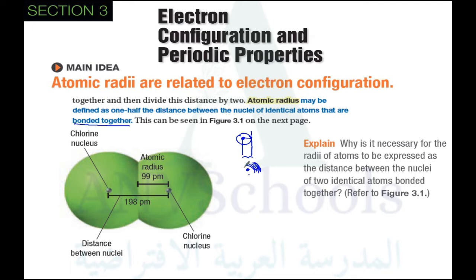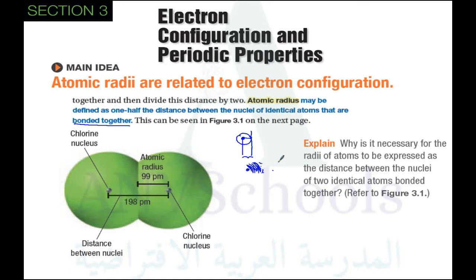So where is exactly the edge of the atom? Here or here or here? Because it's a kind of cloud. The highest density is found near the nucleus, and less density is found at the edge. So it is very ambiguous to decide the size of an atom by taking one atom.